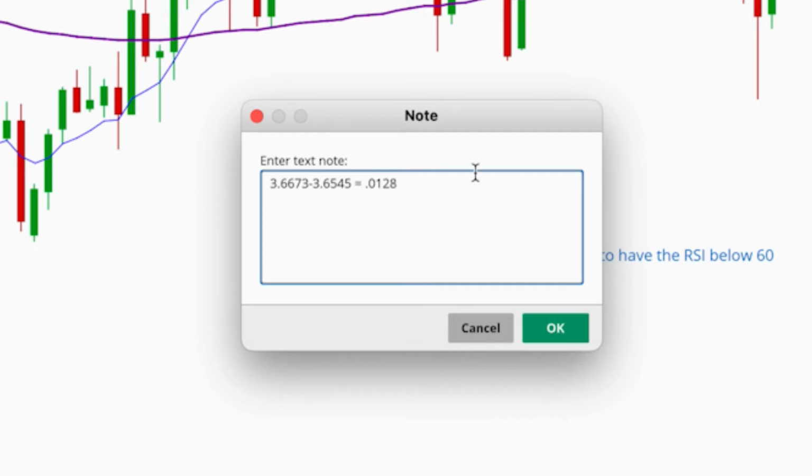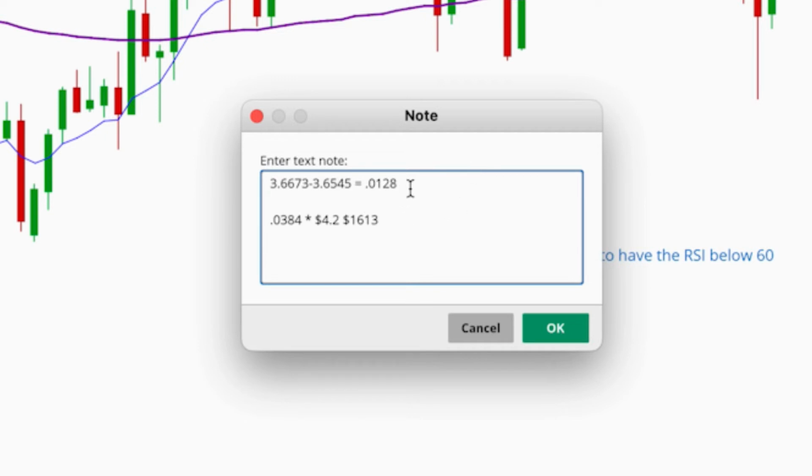If I am using a 3-to-1 reward to risk ratio, I would need 384. And the gasoline futures trade at $4.2 per tick, right? So if everything goes well, 1613 on the trade, right?